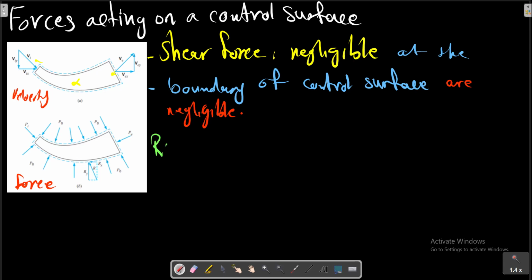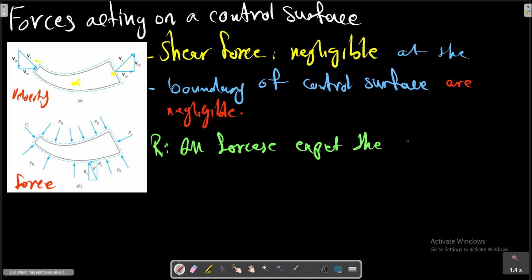We define all forces except the pressure of the surroundings.